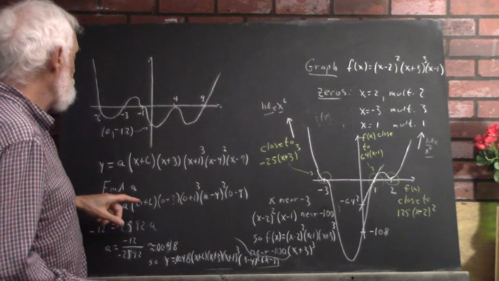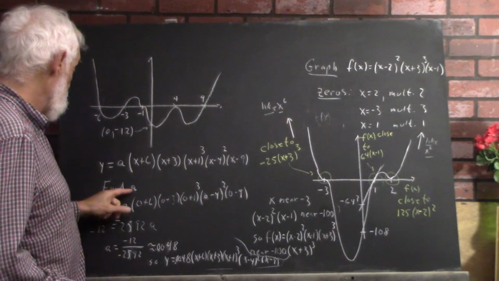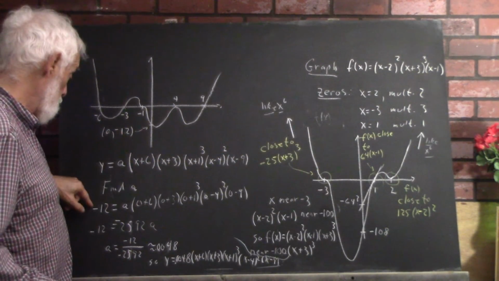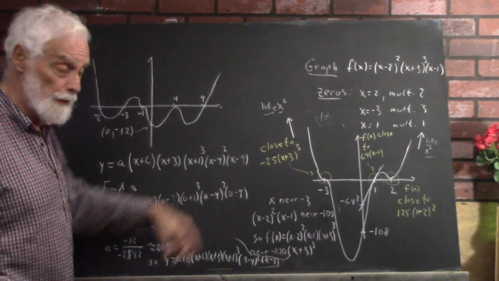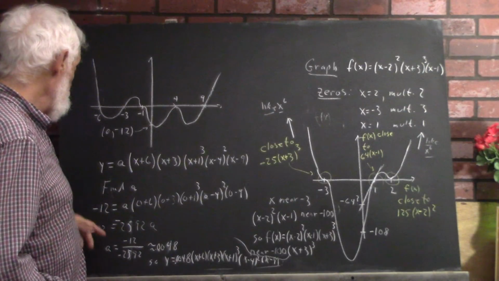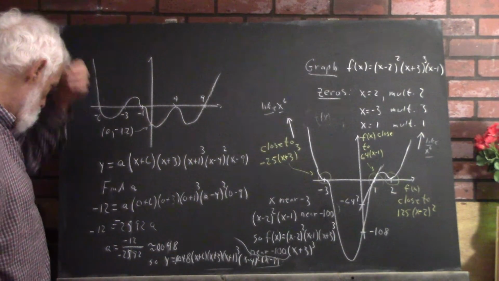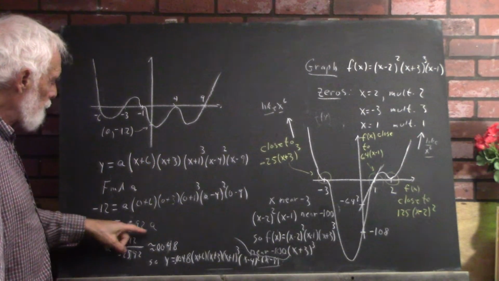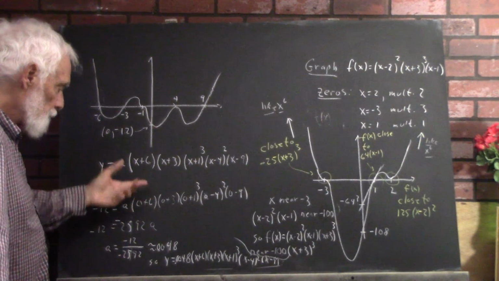If x equals 0, now I've plugged in 0 for all the x's here, then this has to equal negative 12. So we just set negative 12 equal to a times what we get when we plug in 0. And we get, if I did the arithmetic right, and don't assume that I did, check me, negative 12 equals negative 2592a. So a is negative 12 over 2592.